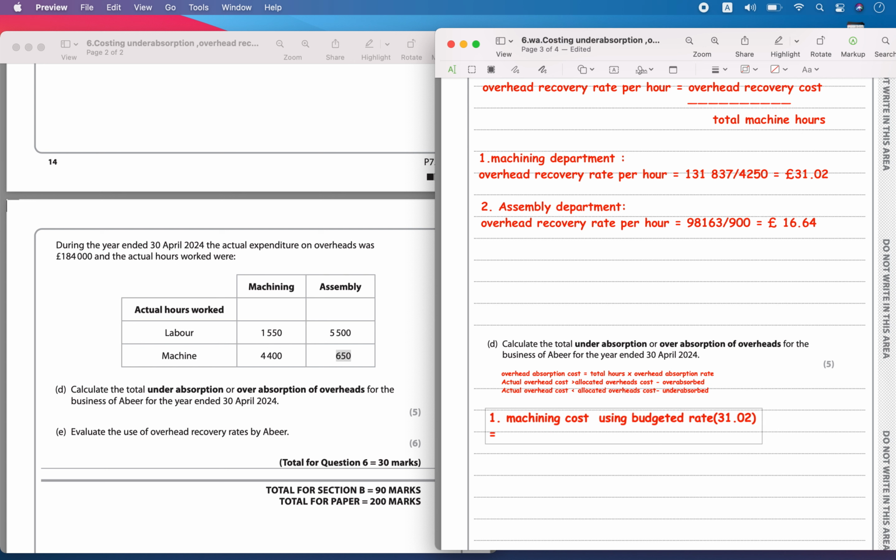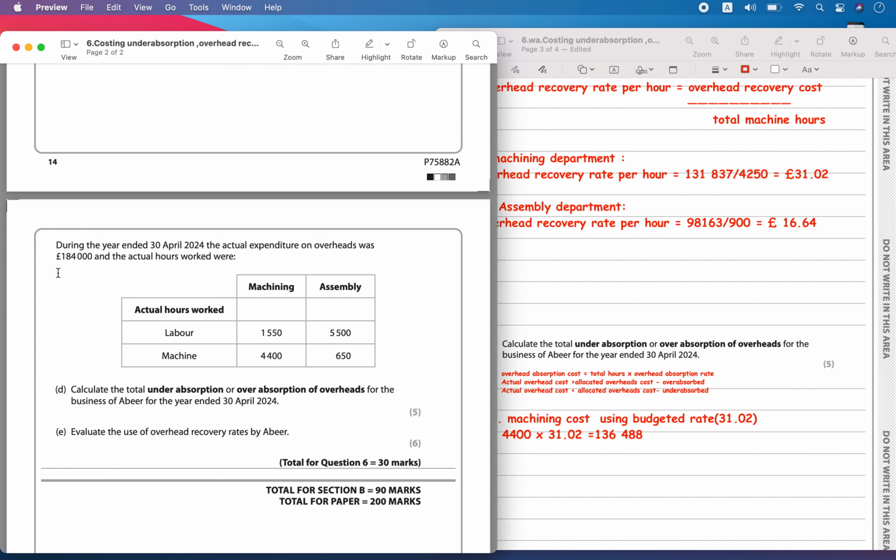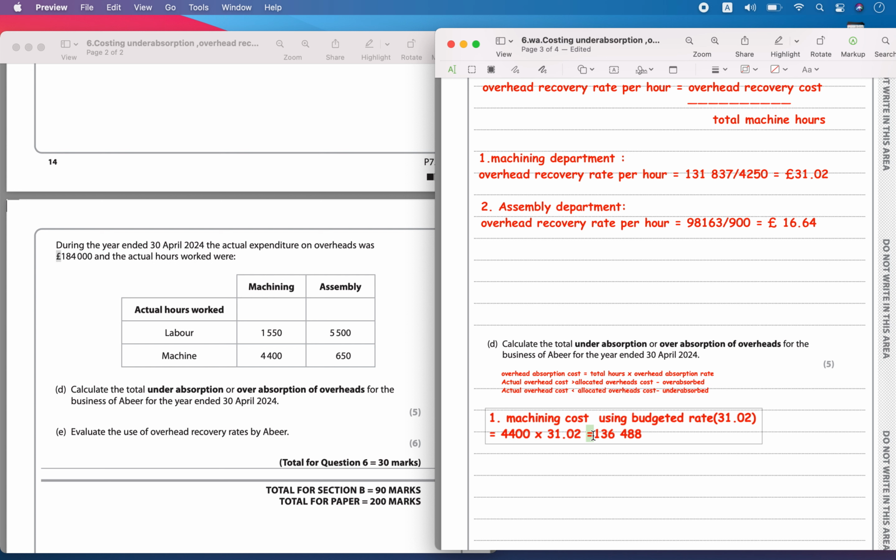Now the hours have changed, so the hours are 4,400 times 31.02, so that is equal to 136,488 pounds. So that is for the machining department.